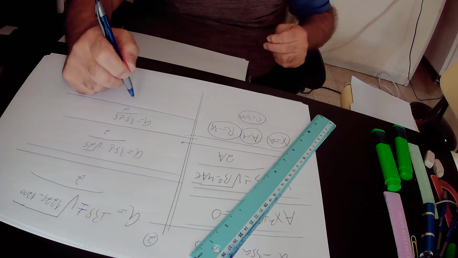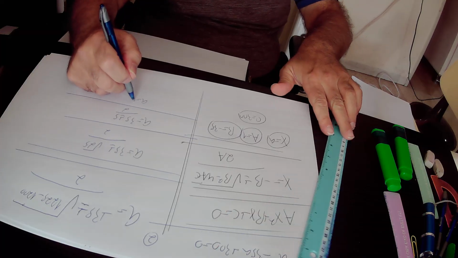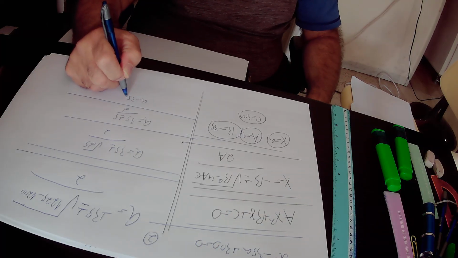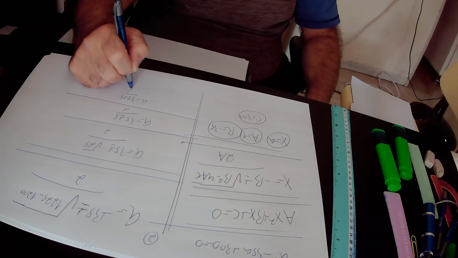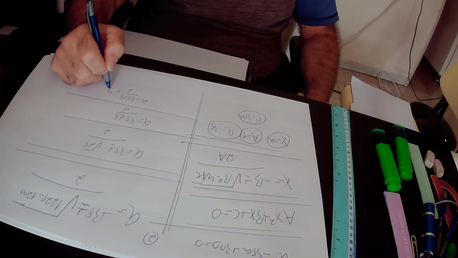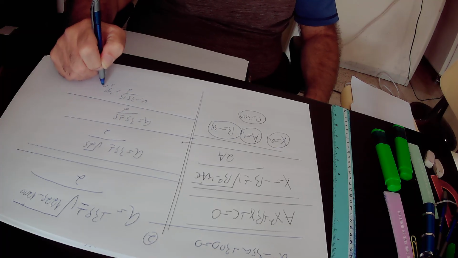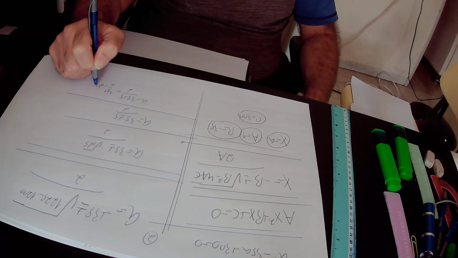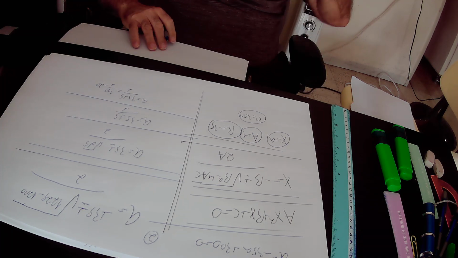The first solution for a is that a equals 35 plus 5 over 2. 35 plus 5 is 40, and 40 over 2 is 20. So the first solution is a equals 20.